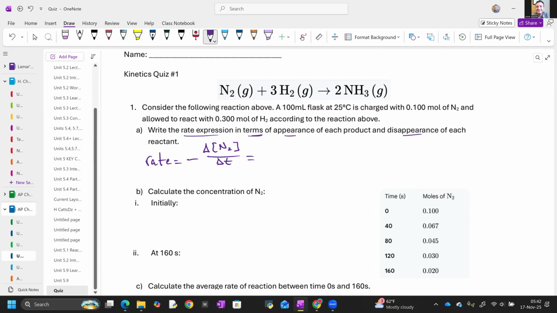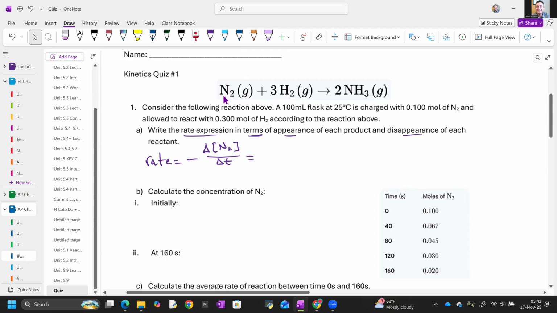Then we also know that the rate of the reaction is going to be equal for each of the reactants. The rate of the reaction is not going to be faster because of H2 than it is for N2, because these are all working together to establish the rate. However, the change in concentration with regard to time is different for each of these based off of the stoichiometry.